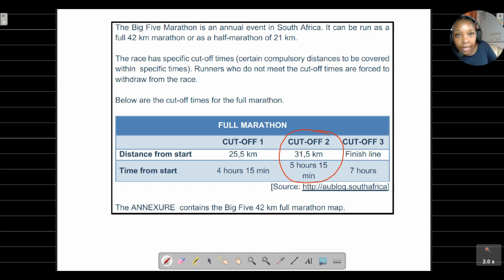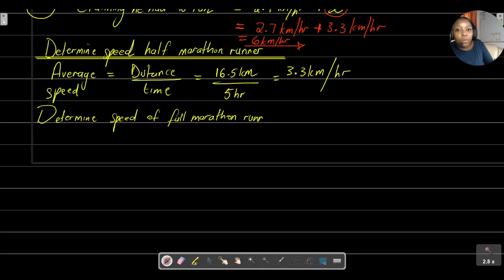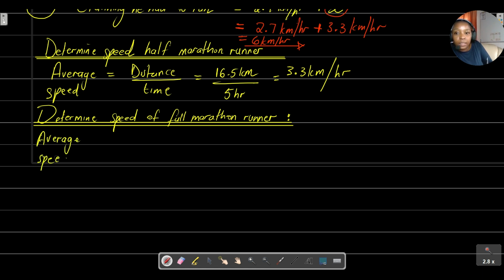Okay, so let's check. Now we want to determine the speed of the full marathon runner. Remember, we already know how to calculate average speed at this point. We're just going to use the triangle. I don't have to explain that again. All we need to do now is take the average speed, which is equal to distance over time. If you haven't been skipping any of my video tutorials, you know at this point what we need to do.